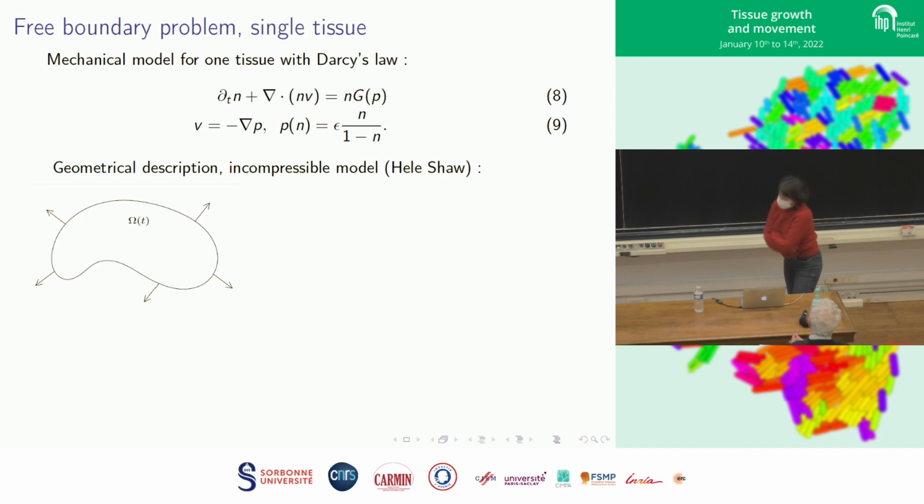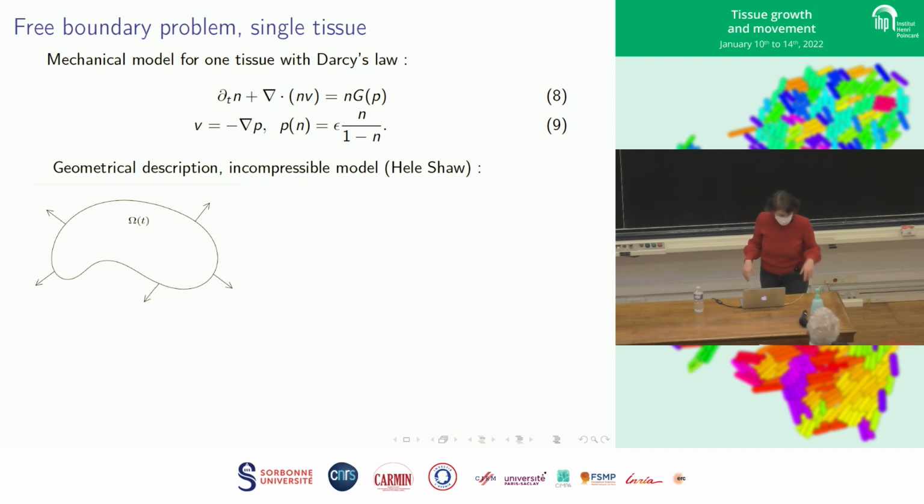More precisely, omega will be the domain where I have tissue. So instead of describing the density of the tissue everywhere, I just consider, in a simplified model, that I have tissue somewhere in the domain and no tissue around it, and somehow my domain of tissue is, how to say, fully occupied.